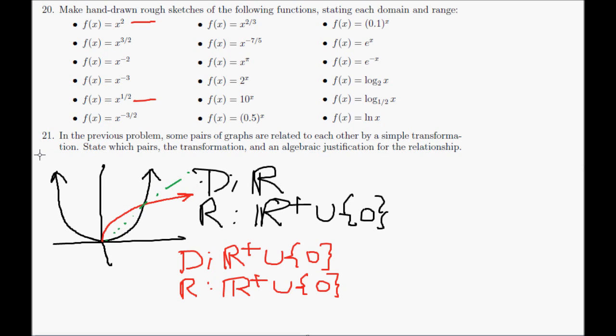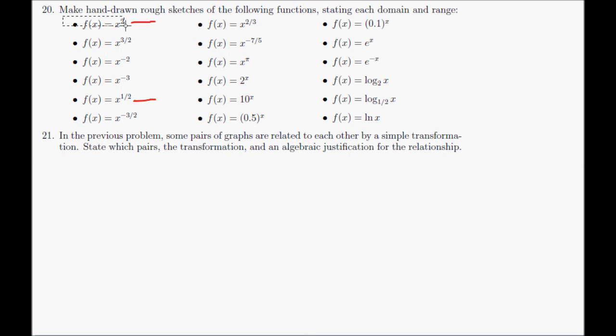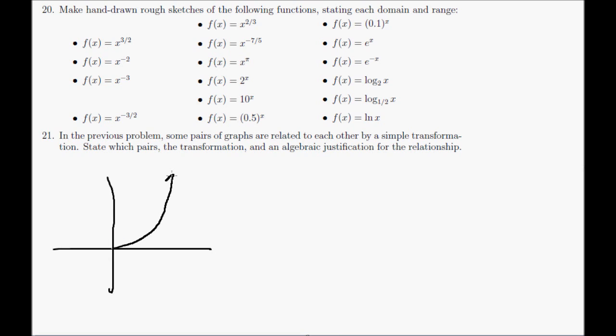Let's now move on to another graph. I'm going to start eliminating ones that we've already discussed. Let's now take a look at x to the 3/2. The graph of x to the 3/2, well, let's think about this. You have to have x positive, or at least non-negative, for this to make sense. So the graph of this is going to be somewhere between the graph of x and the graph of x squared.